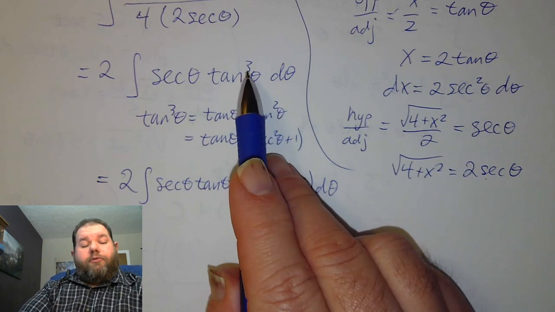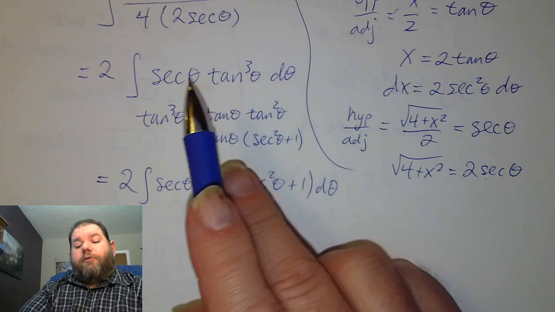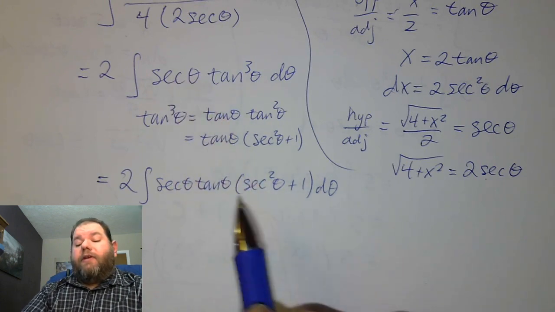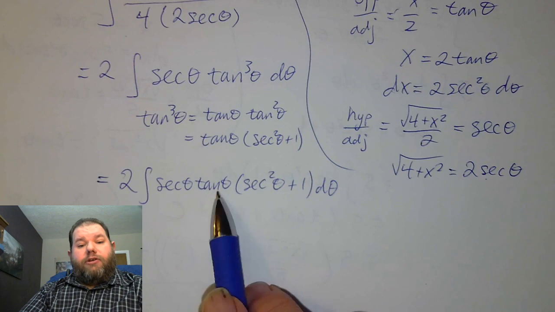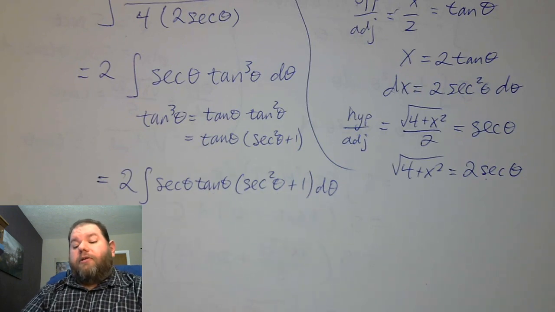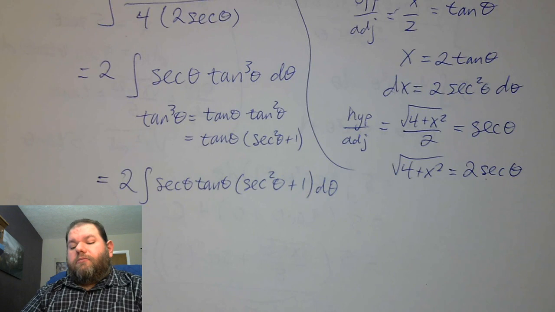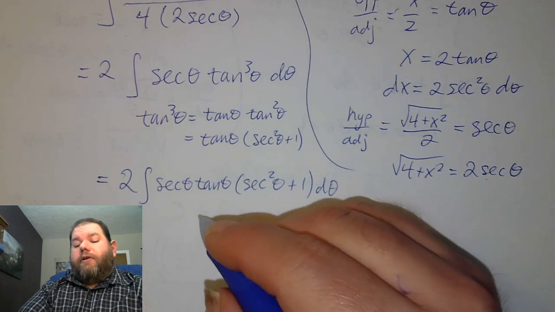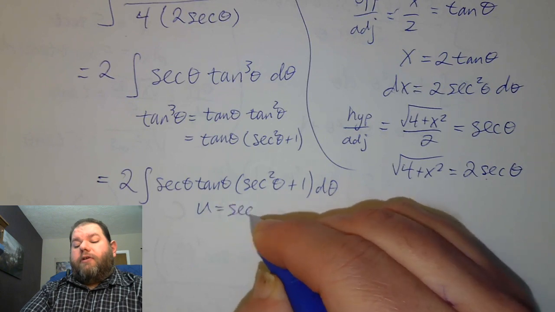Now, when we were doing the odd number of tangents before, we said we would also take one of our secants. We only have one secant in this case, so we'll just pair that with our tangent. And then this will be our secant squared theta plus 1.